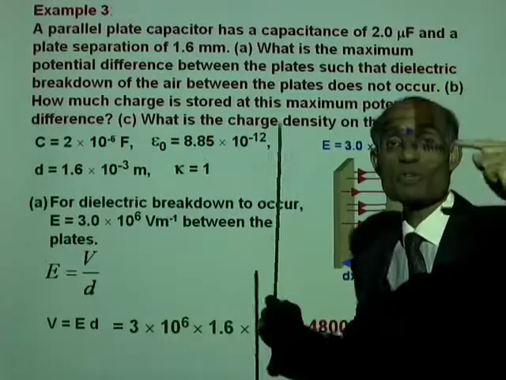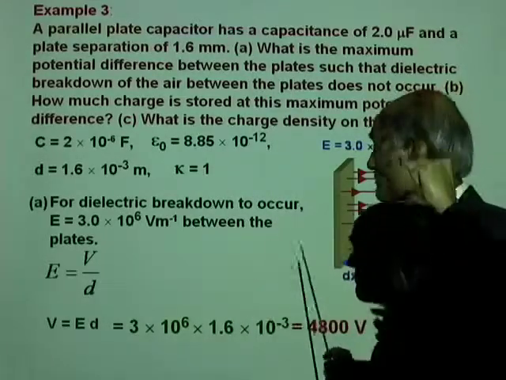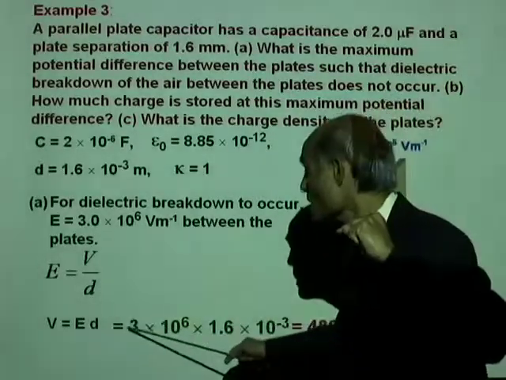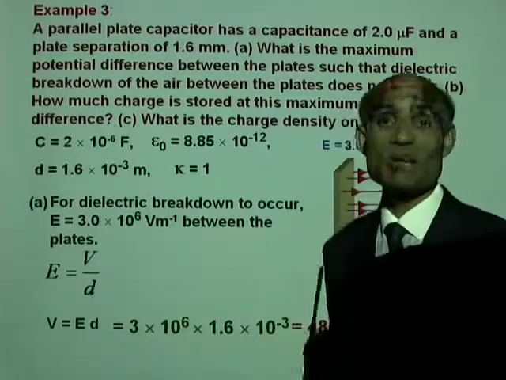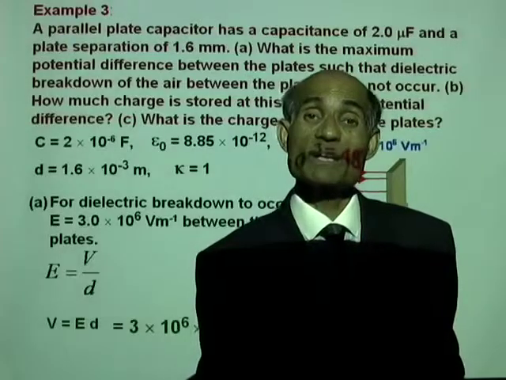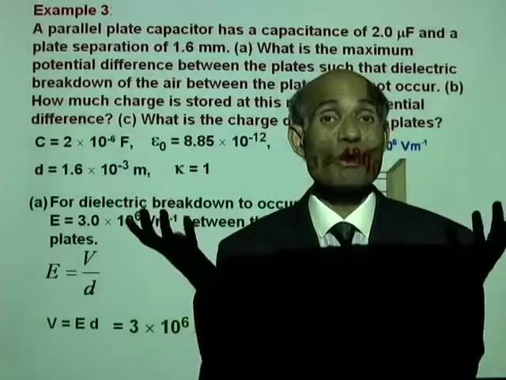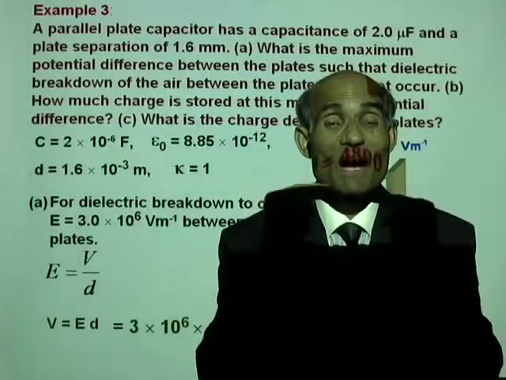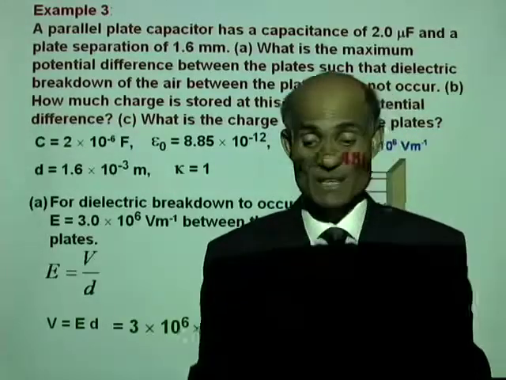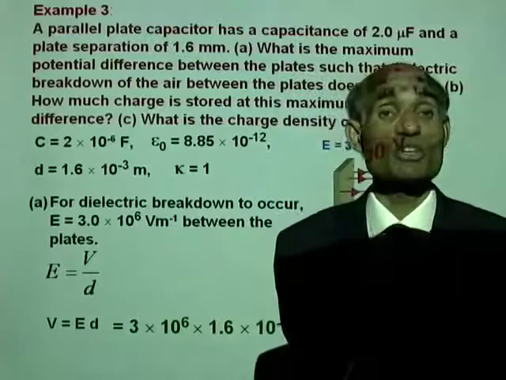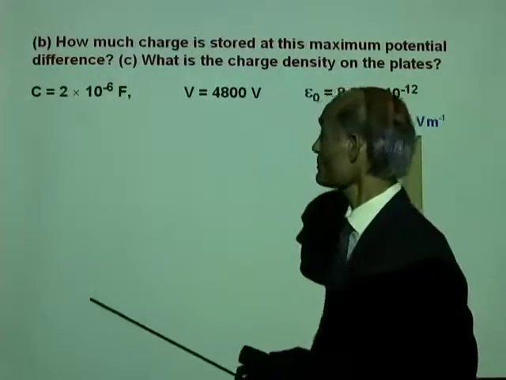If you increase the potential difference from this value, the electric field will increase, and that will result in dielectric breakdown. And remember, the capacitance will no longer work if there is a dielectric breakdown. The space between the 2 plates must be an insulator for the capacitor to function normally.